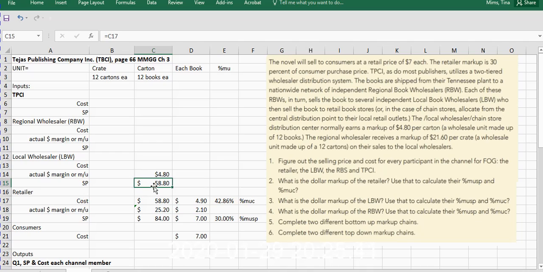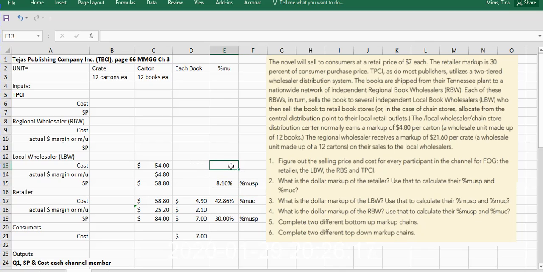Now, this is great because I can take our revenue or selling price, subtract the markup in dollars, and then calculate the actual cost per carton. That's terrific. Okay, so with this information, I can come over here to my markup percentage column, and I can calculate markup percentage on sales price, which is 8.16%.